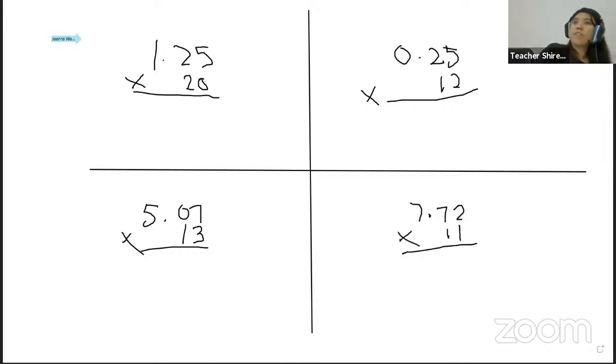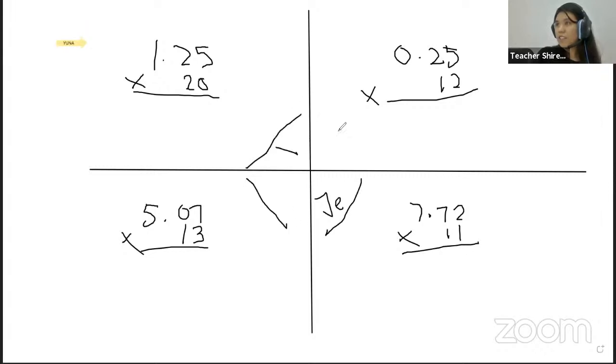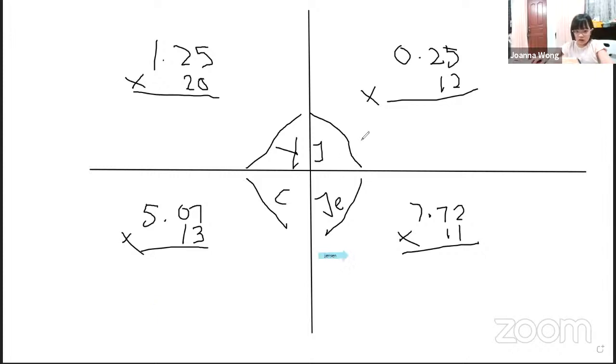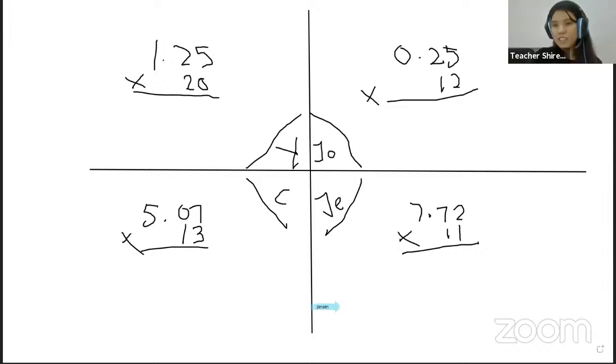Okay, have you marked your territory? Jensen marked your territory already. Next. Charlize, Joanna. Okay, Charlize marked her territory. You have no choice. Too late. So you'll be doing this question. Go ahead. Okay, try to do now.